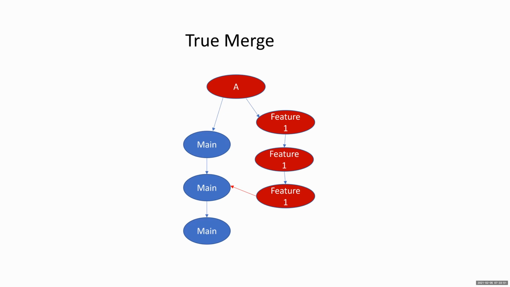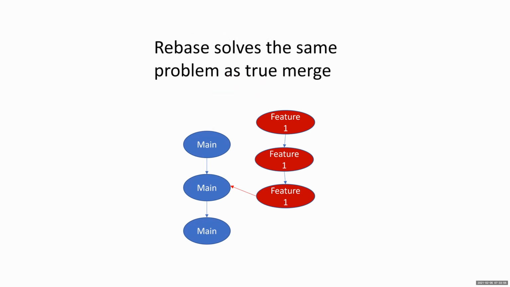However, increasingly popular, instead of doing a true merge, is to do what's called a rebase. And rebase is designed to solve the same problem as a true merge, but you don't clutter up your history with all those extra commits. The way that this works is that when you say to rebase, Git will make a copy of each of these feature 1 commits and put them onto, and remember that rebase is always onto the main branch.